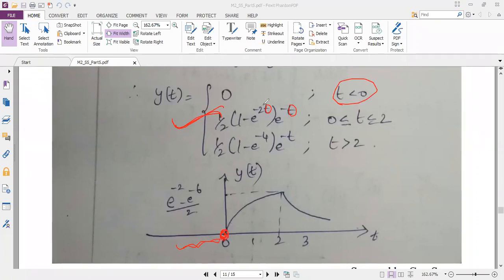Later on, I will substitute t value as 1. Can anybody try and get me the answer for 1? You have to use this formula which I am highlighting here. When t is 1, what is the amplitude you get?